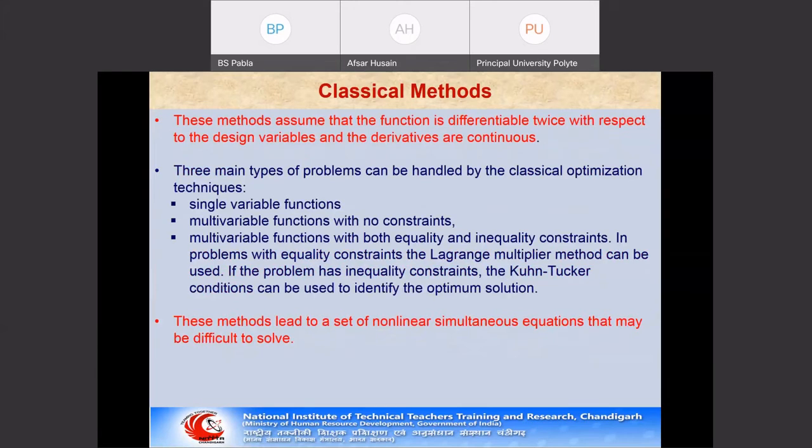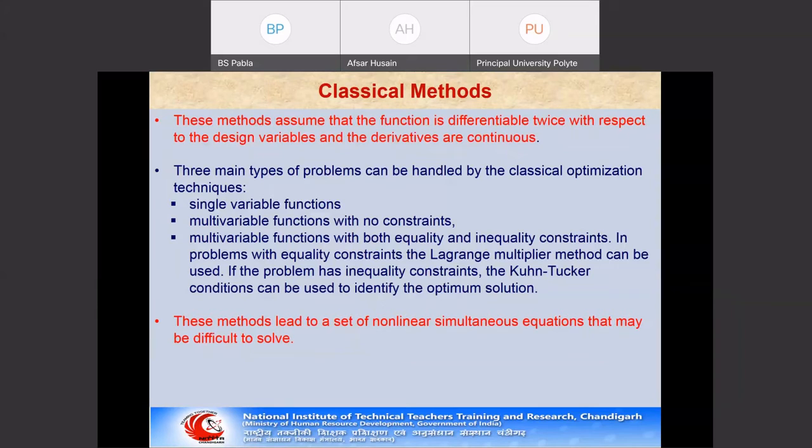These methods assume that the function is differentiable twice with respect to the design variable and the derivatives are continuous. There are three main types of problems that can be handled by classical optimization techniques: single variable functions, multivariable functions with no constraints, and multivariable functions with both equality and inequality constraints. For problems with equality constraints, the Lagrangian multiplier method can be used.